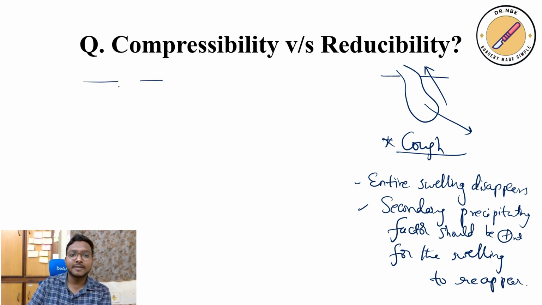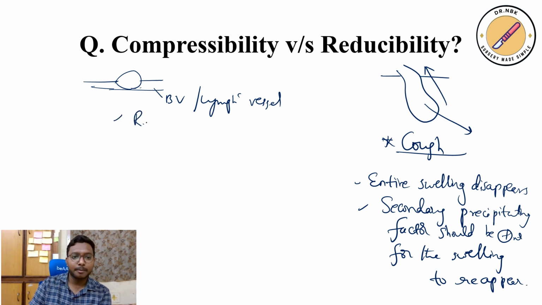Whereas compressibility, let's say for example, you have a swelling arising from a vessel. It can be a blood vessel or lymphatic vessel. So you have tried to reduce it, but it doesn't reduce completely.